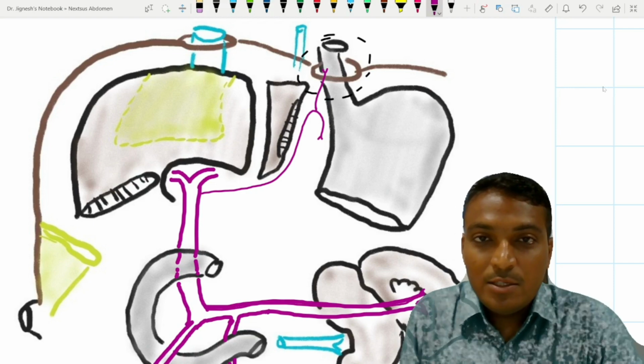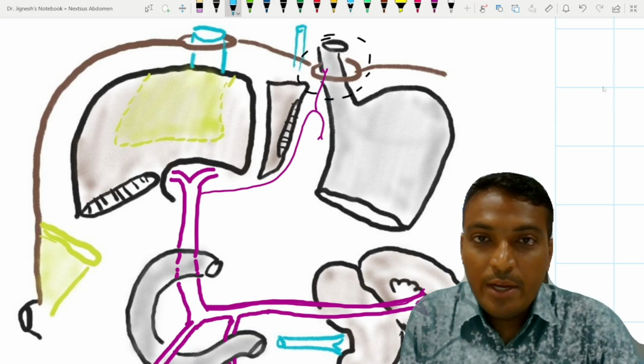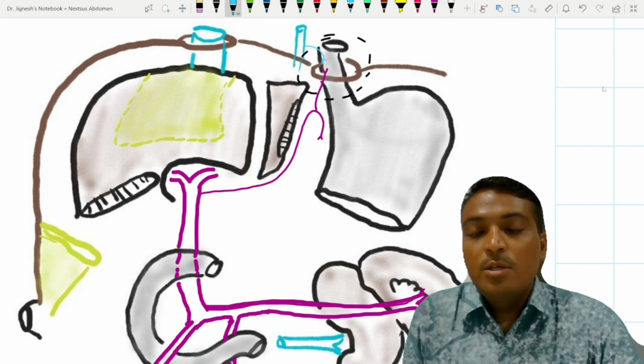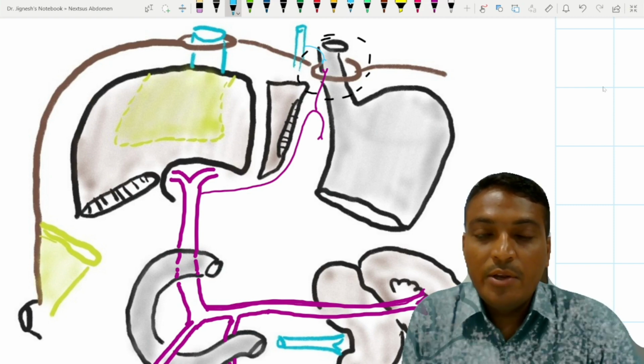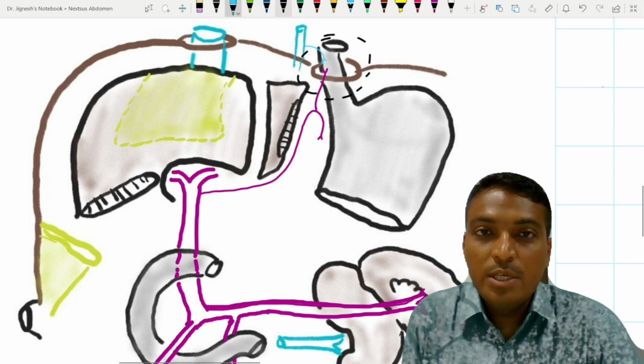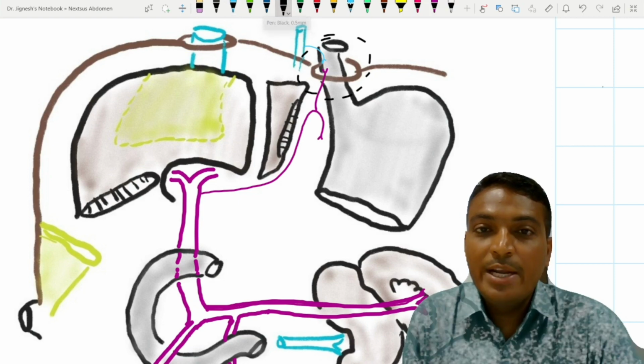And along with that, some tributaries drain into the hemiazygos vein, which is a systemic vein. So the anastomosis between the tributaries of the left gastric and the tributaries of the hemiazygos is the site for the portocaval anastomosis.